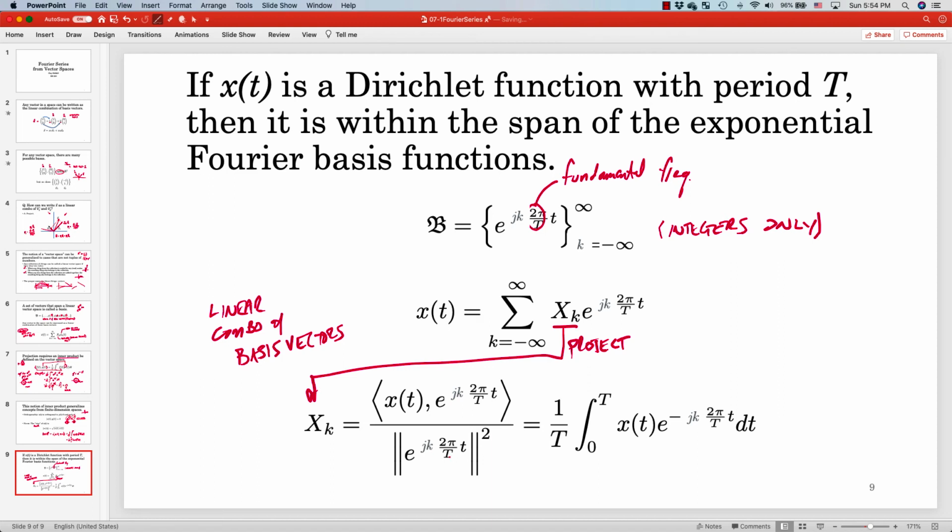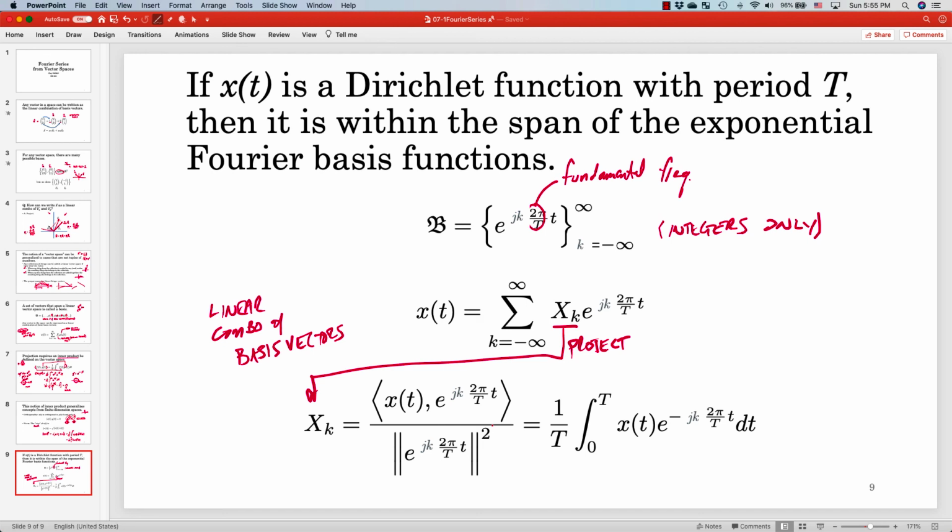And so the formula for projection is exactly the same as it was for finite dimensions. You take the inner product. Remember before this was a dot product, but we're generalizing that. The projection is the inner product of the vector onto the basis vector divided by the norm of the basis vector squared. If you scroll back to the beginning of the video, that's the exact same phrase I used, but replace inner product with dot product.